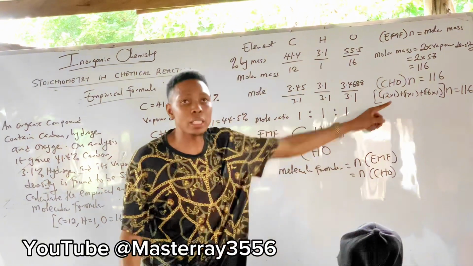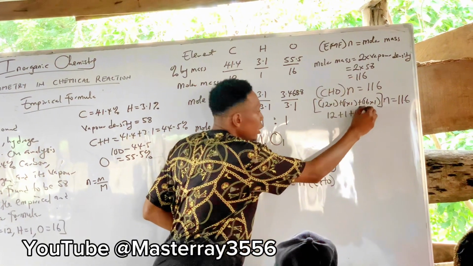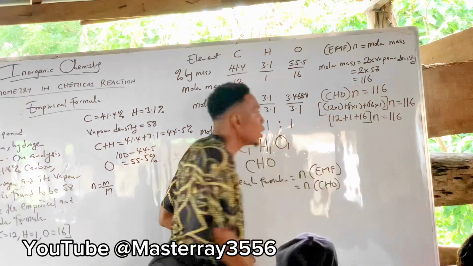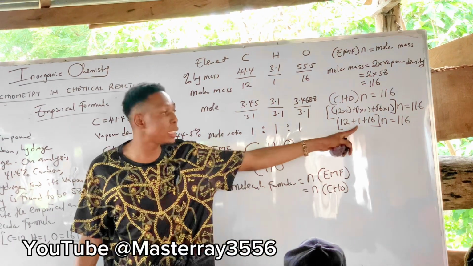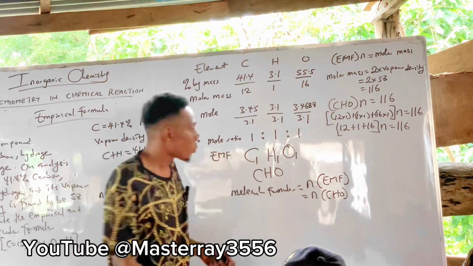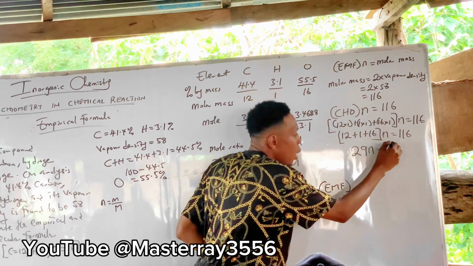So 12 times 1 gives us 12, plus 1 plus 16, then we have 1 N equals 116. So 12 plus 1 is 13, 13 plus 16 is 29. That's 29 times N, 29N equals 116.